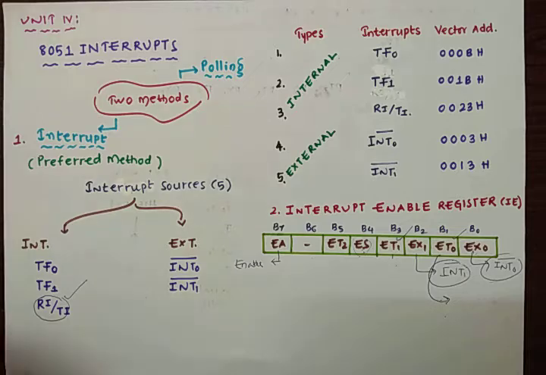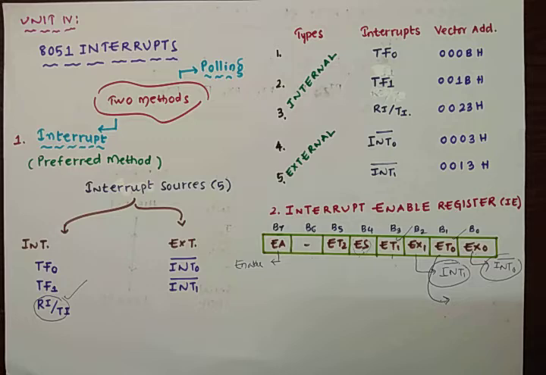So I am discussing what the interrupt is and what is the need of the interrupt, and I am explaining this in the introduction part. The 8051 microcontroller can be interfaced with several input-output devices to accomplish some specific tasks.